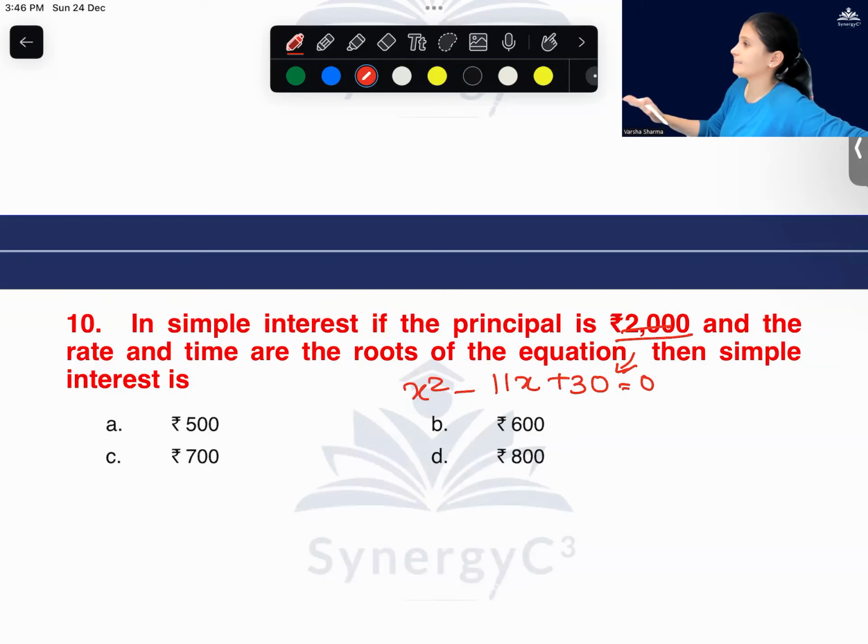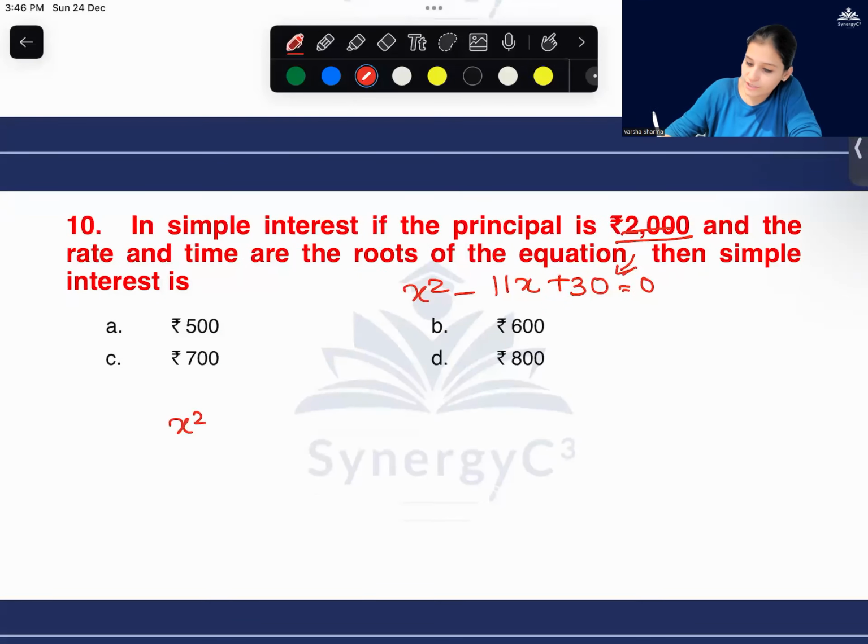Since it's a quadratic equation, I'm going to get two values of x. One will be rate, one will be time. Who will be what? I have no information and I don't even need it, because in simple interest we multiply all of them. So it doesn't matter to us. First we are going to solve this equation.